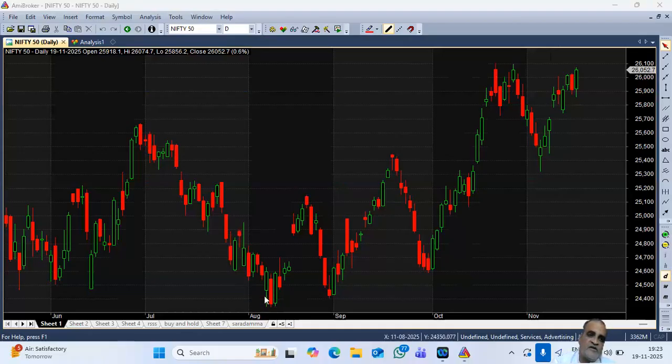Here, after coming down for some days, Nifty formed a low or bottom here and then went up, and again from here it started going down, and again from here it started going up, and again it went down, and again it went up.